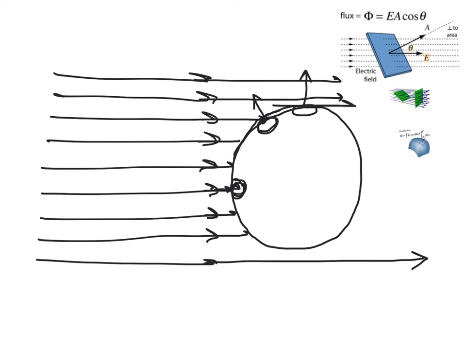So you're going to get more flux per unit area here than you will here because of the angle. And so the way to solve this problem is you have to do an integral. And so let me show you what that looks like.